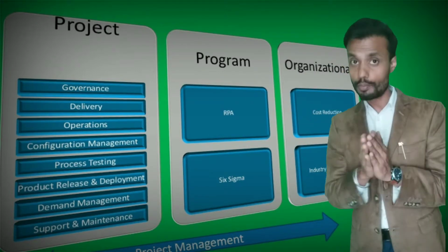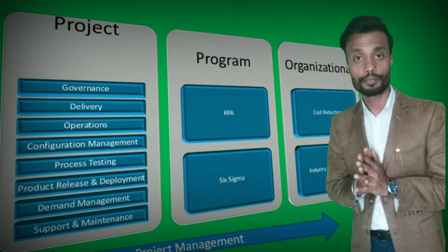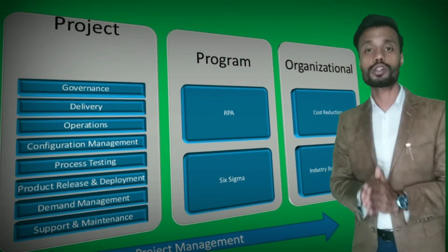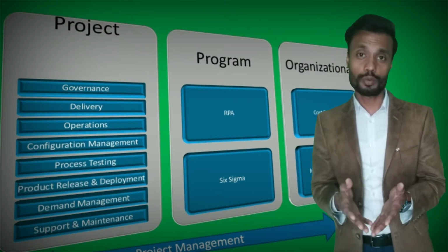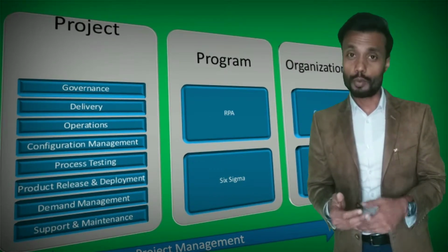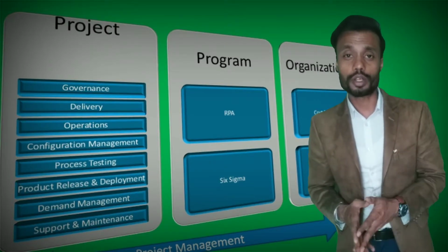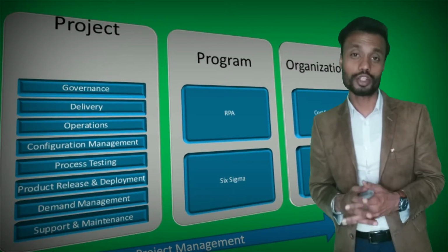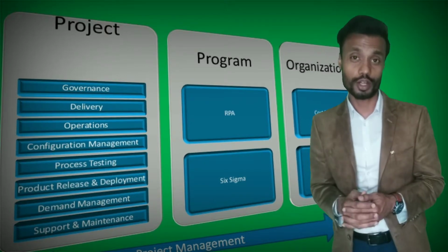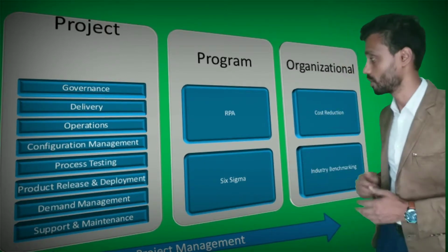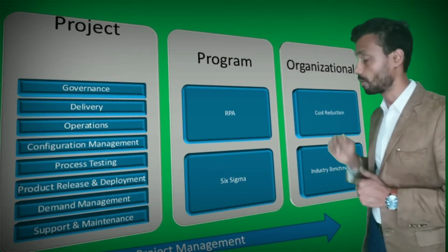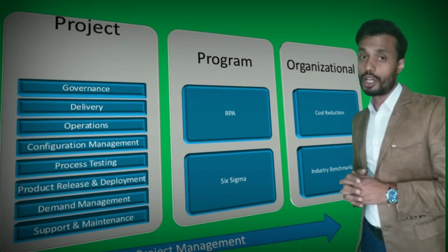So yes, it is very important to have proper configuration management. Because if one of the application owners says, oh, I'm so sorry, I wasn't involved in your RPA program and was not onboarded since inception, then it's going to be a challenge, because he will not give you sign off on that application. So we would talk about configuration management, which is one of the important pillars at the project level governance.